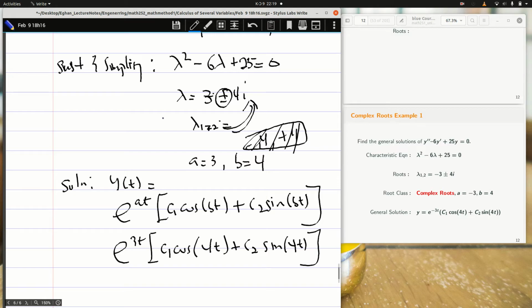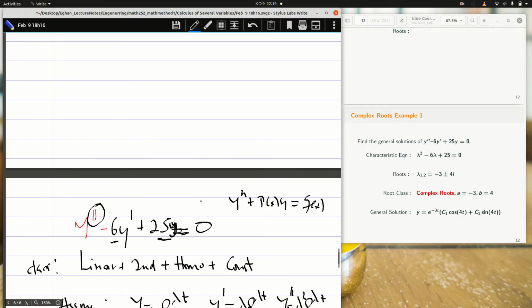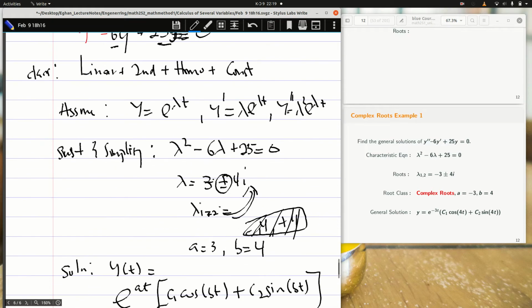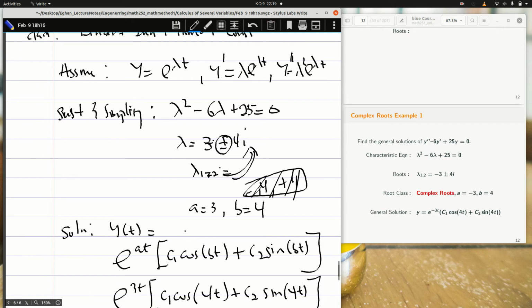So this is how you find repeated root, complex root, as well as the real and distinct root. If and only if it is linear, it is a higher order, it means an order greater than 1, it is homogeneous, and then it has constant coefficients. That is the only way you can use the auxiliary equation approach.